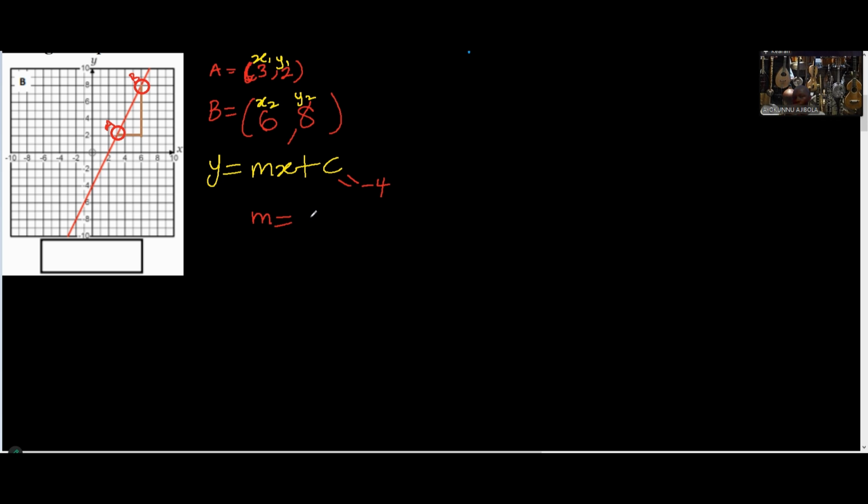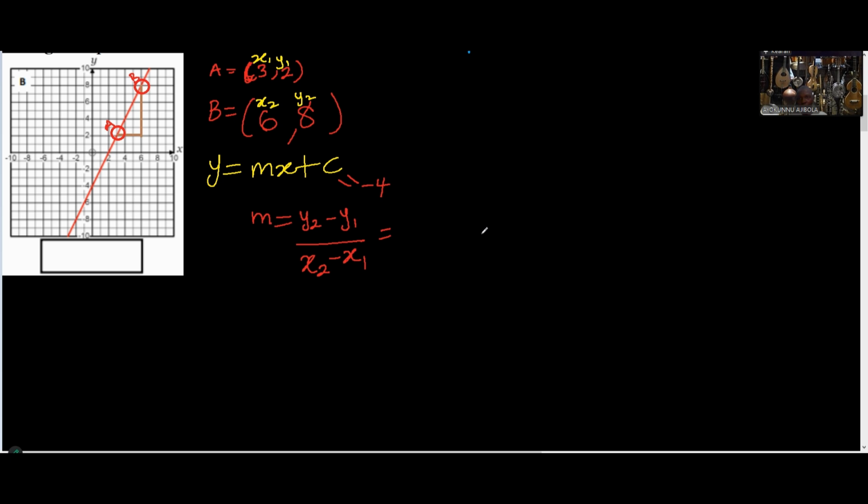That's from the gradient. Good. So what do we do? Y2 minus Y1 over what? X2 minus X1, right? So what is Y2? It's on the board. Check all of the values on the board. What is Y2?